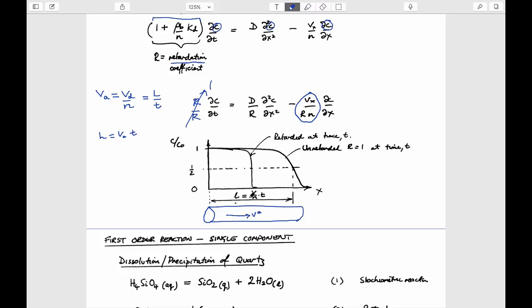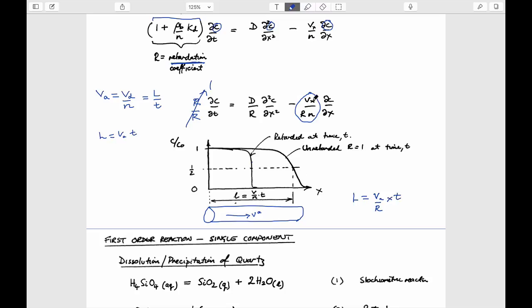And so there are two effects that are important. One is that you will retard the rate of transport of this, hence its name. So in other words, the length traveled would actually be equal to the effective advective velocity, which is really the advective velocity divided by the retardation coefficient, and also multiplied by how long it's been traveling.